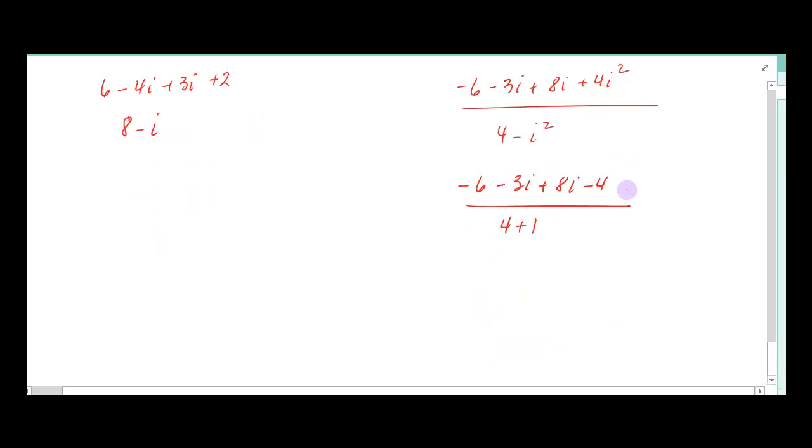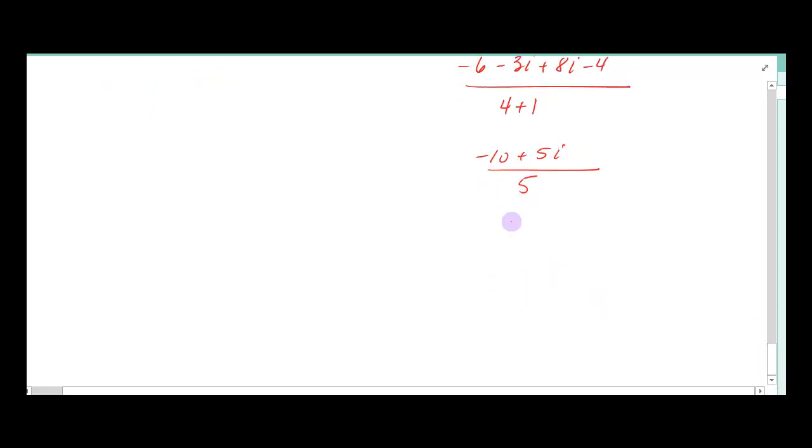So this thing is going to simplify to negative 6 minus 4, which would be negative 10. And then negative 3 plus 8i is positive 5i divided by 5. Now I can reduce or simplify this fraction one more time. So here I have negative 2 plus i as the actual final solution.